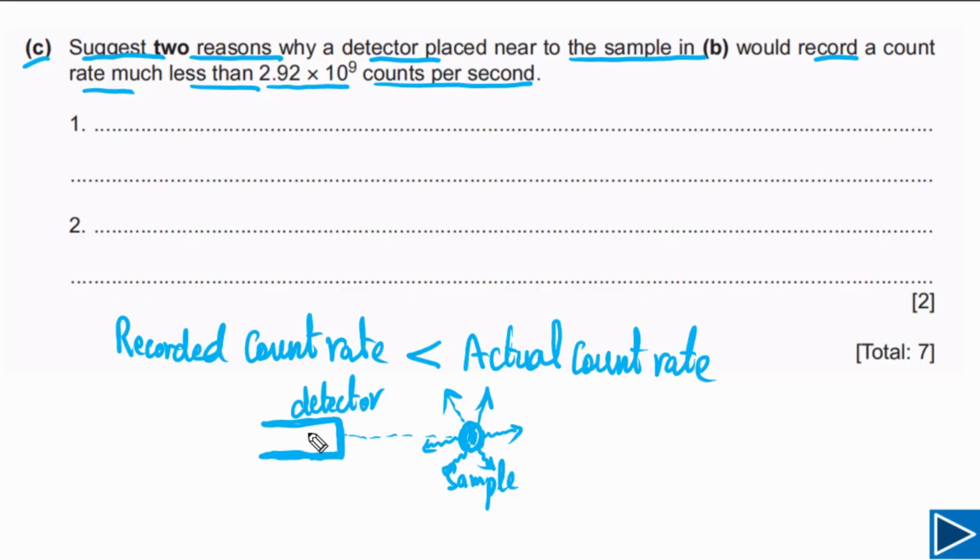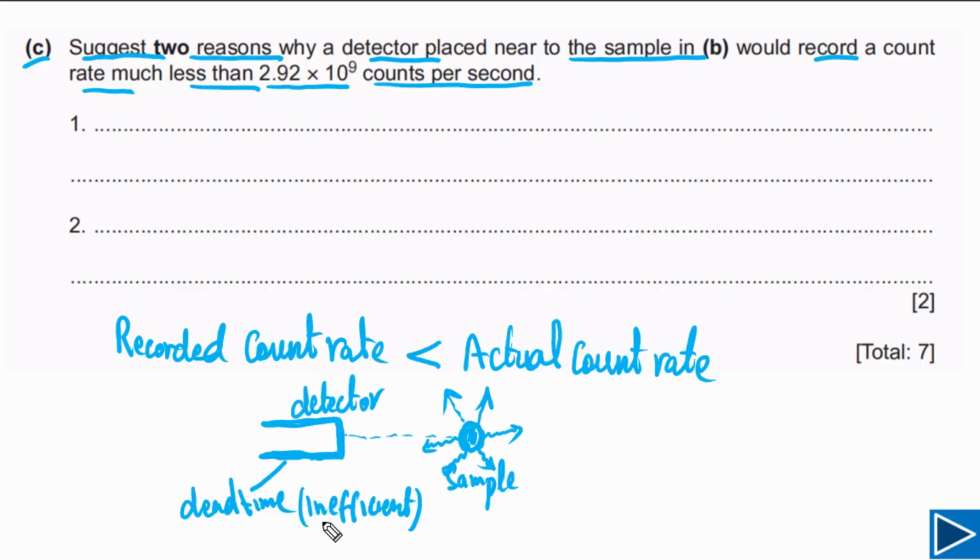We can also say that the detector is not efficient enough, meaning the detector cannot detect all the radiations reaching it, or we can say this detector has dead time. So you can say the detector is inefficient.